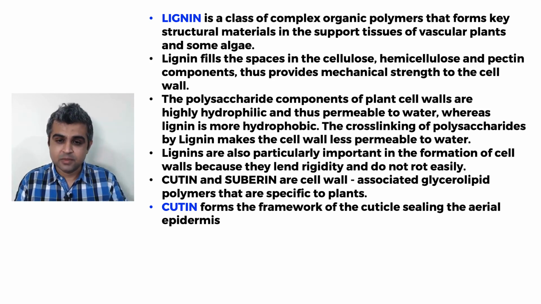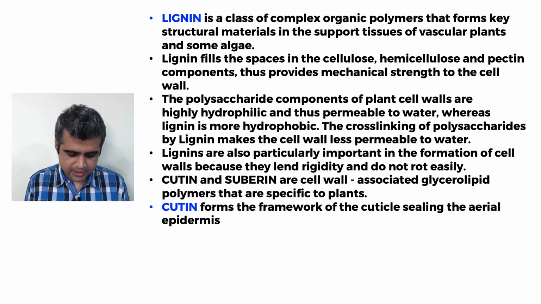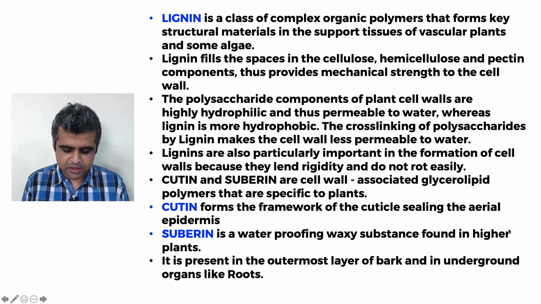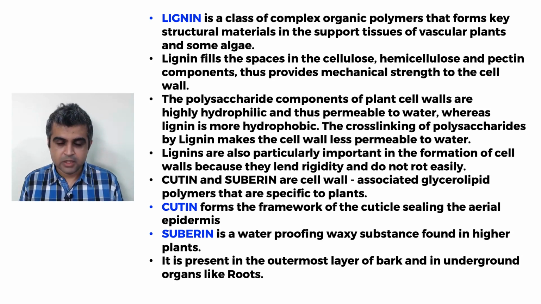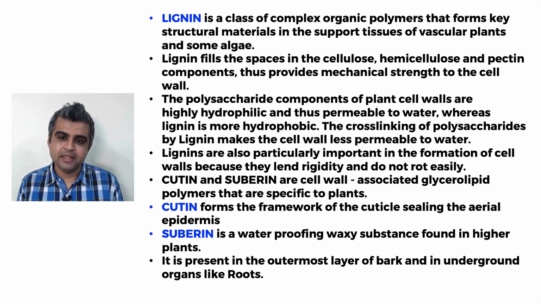That waxy substance is called the cuticle, and the compound found in the cuticle which gives it that property is cutin. Suberin is a waterproofing waxy substance found in higher plants. Suberin is also similar, but it is not found on leaves. Suberin is usually found on the outer part of the bark, and it is found in the roots.